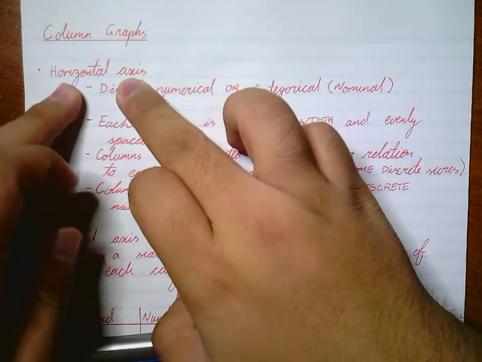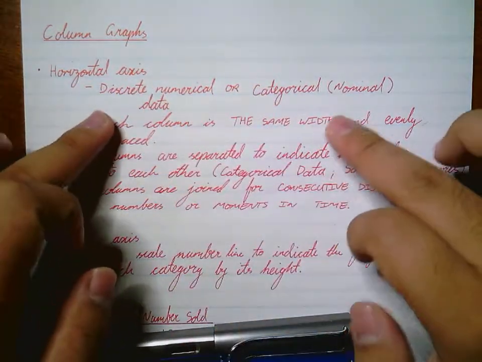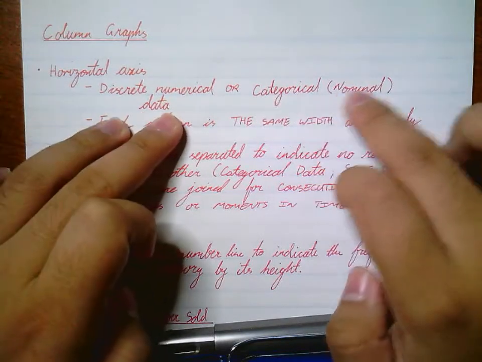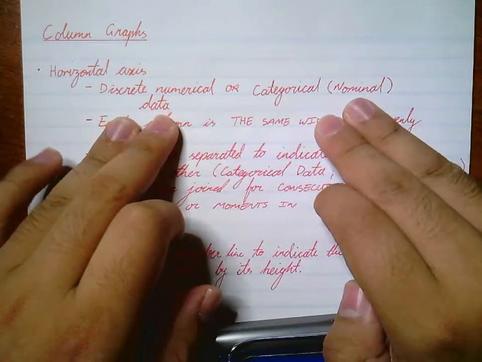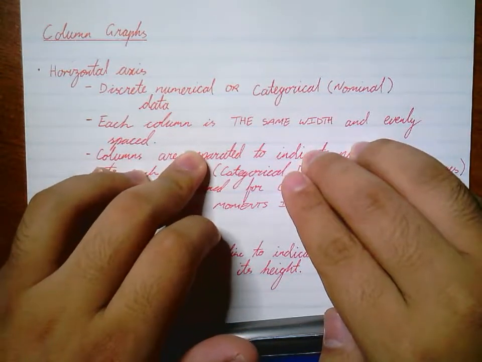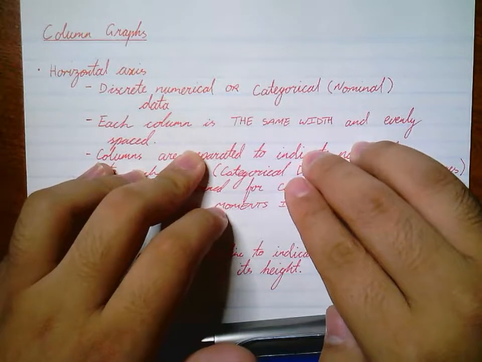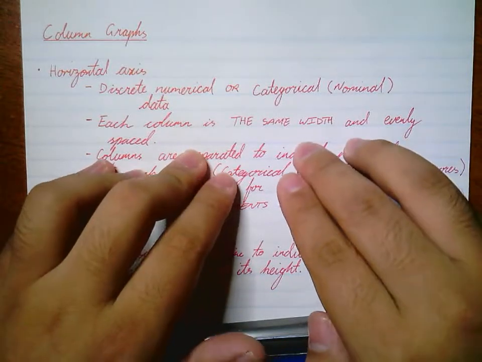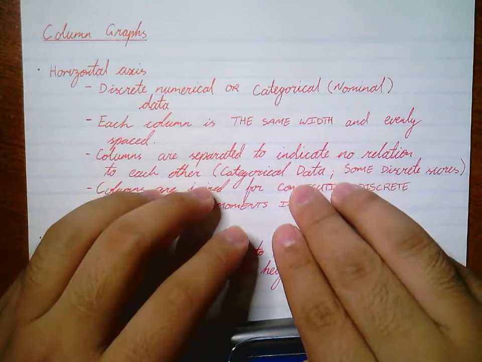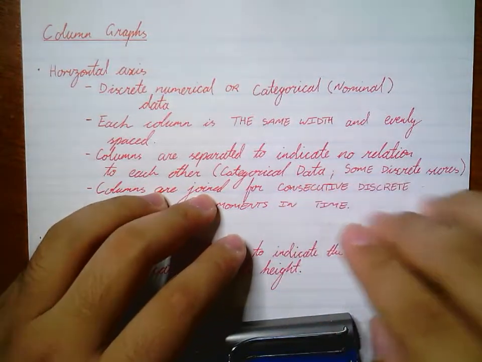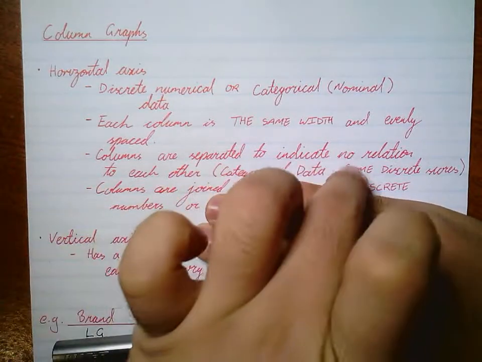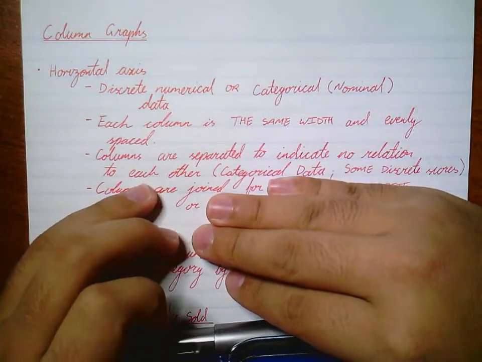Along the horizontal axis, we will place the discrete numerical or categorical data, which another name for it is nominal. Each column is the same width and evenly spaced, so generally we want everything to be neat. Columns are separated to indicate no relation to each other, because that's for categorical data and some discrete scores.